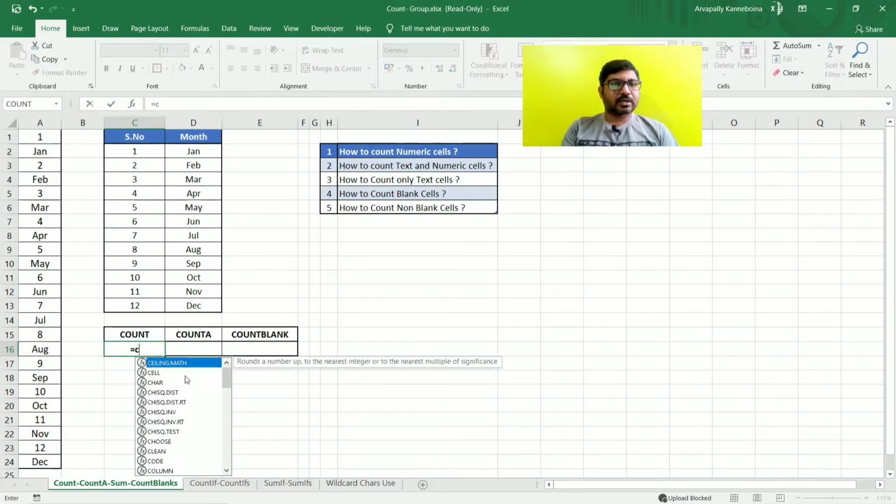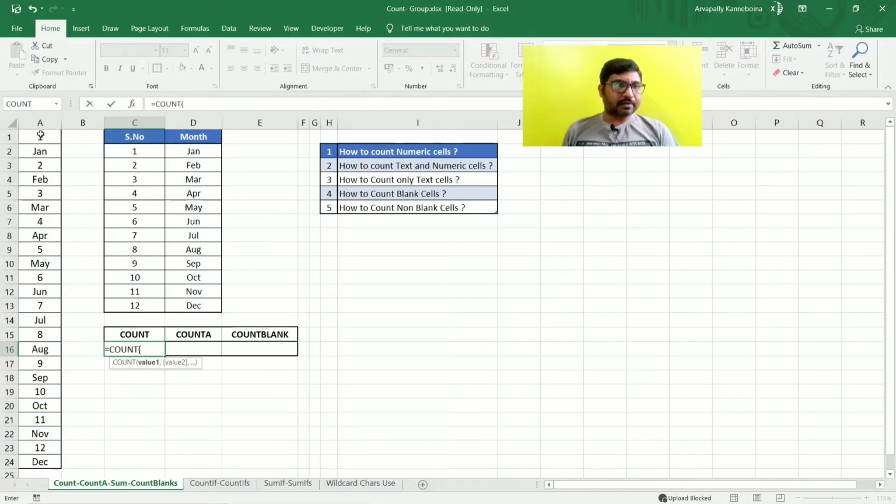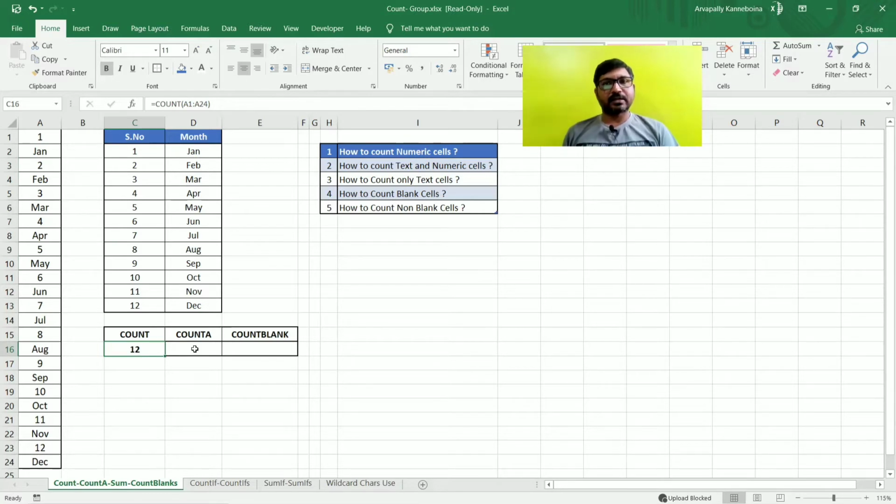This is our range, a combination of numbers and text, so we choose the entire range. This time it is very helpful for counting the numbers. Select the range, close the bracket and hit enter. We get 12 numbered cells as the count.